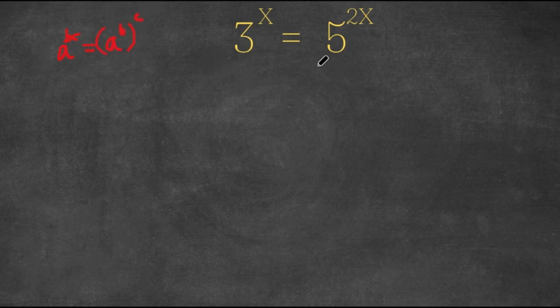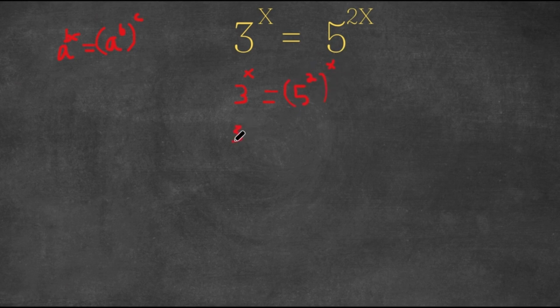So what we're going to write is 3 to the power of x equals 5 to the power of 2 to the power of x. Now, 5 to the power of 2, as we all know, is 25, right?